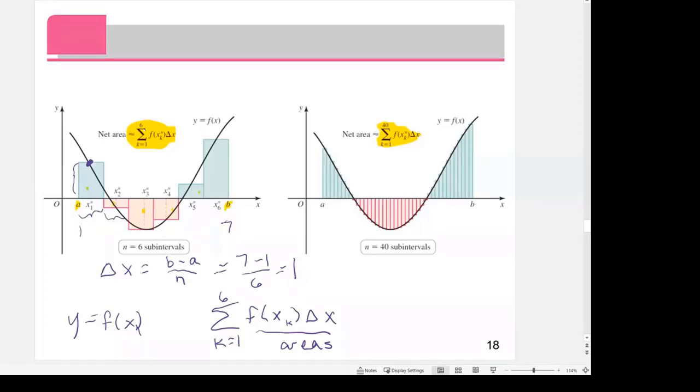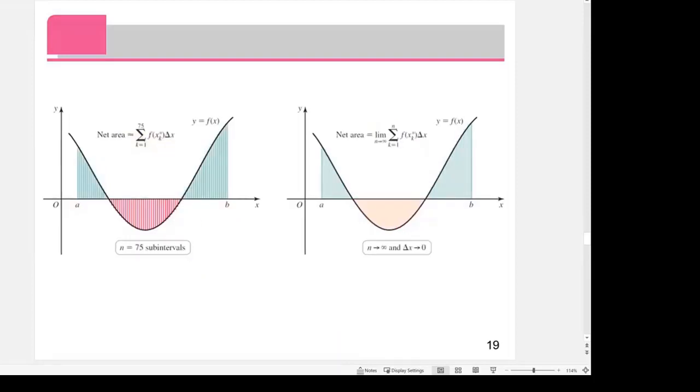The more rectangles, the closer we get to the actual value. Here we have 75 intervals, and here, notice, n is infinite. And as you can see, basically it's colored in.